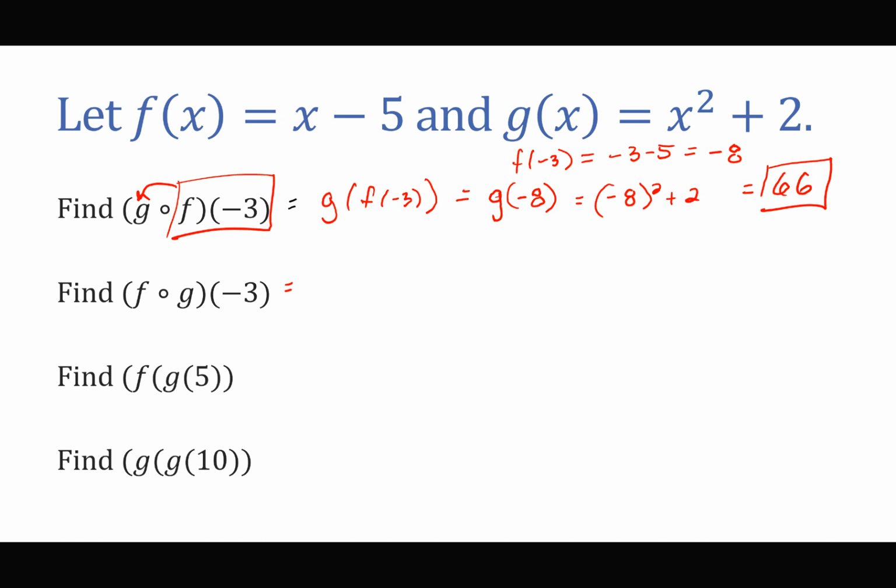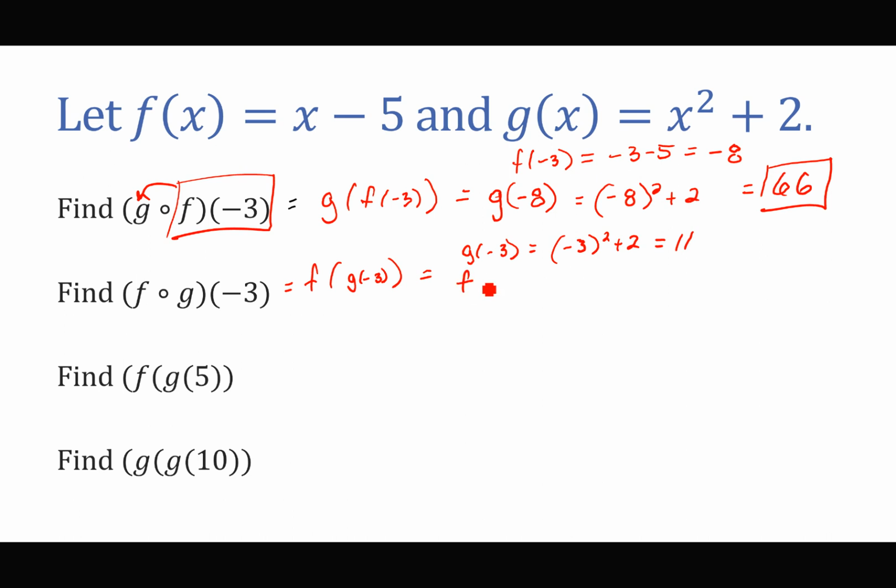Now, switching it up, saying f of g of -3. So first thing I want to figure out, okay, what is g of -3? That would be -3 squared plus 2. So 9 plus 2 to get 11.